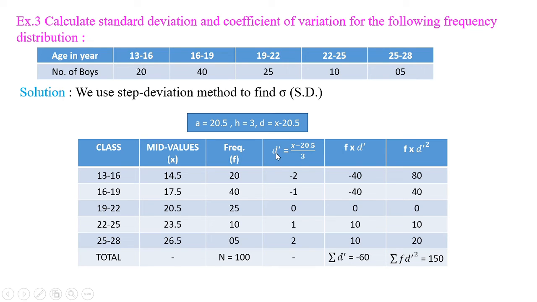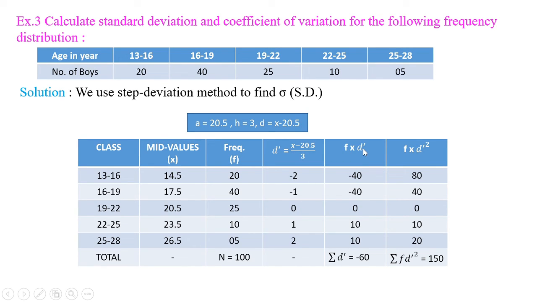Then we have to find d dash. D dash is equal to x minus assumed mean 20.5 divided by h, where h is equal to 3. We have to calculate 14.5 minus 20.5 divided by 3, which is minus 6 divided by 3, equal to minus 2, and after solving this we get minus 2, minus 1, 0, 1, 2.